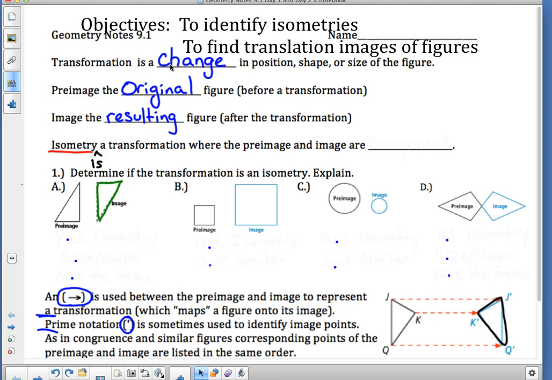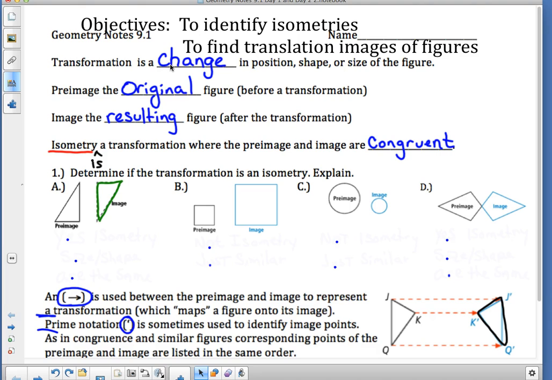Isometry is a transformation where the pre-image and image are congruent. That means corresponding sides, corresponding angles, all this corresponding stuff we've been doing throughout the entire year, lines up. Now, determine if the transformation is isometric. Remember, I can flip it like a pancake, and it's still the same shape. It's an isometry.